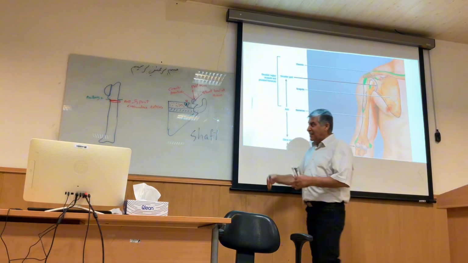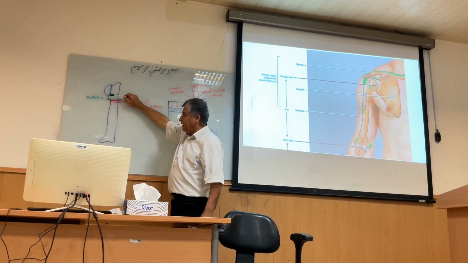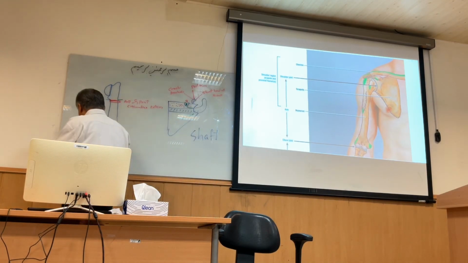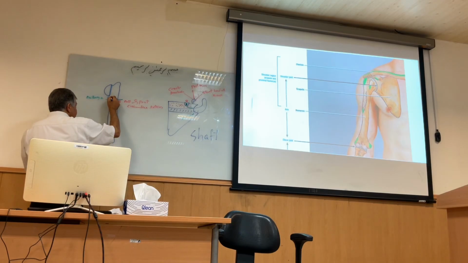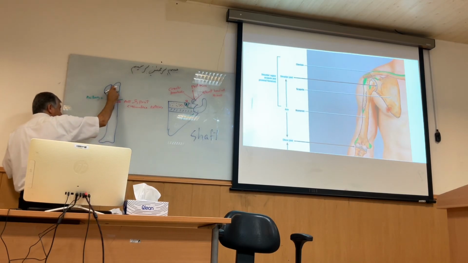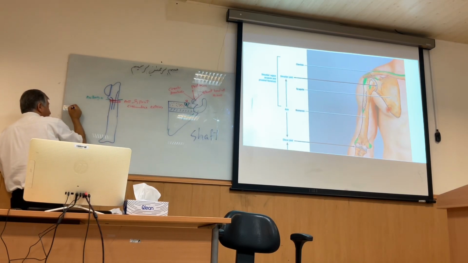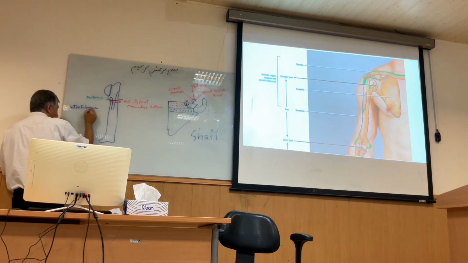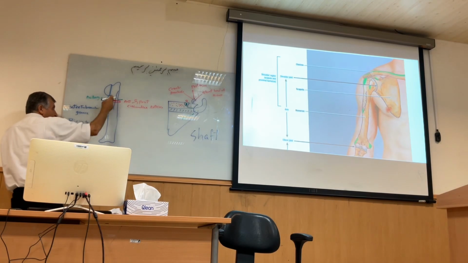Between the greater and lesser tubercle or tuberosity, there is a groove. This groove is between greater and lesser, so it is called the intertubercular groove. Another name is bicipital groove, because the long head of biceps passes through it.